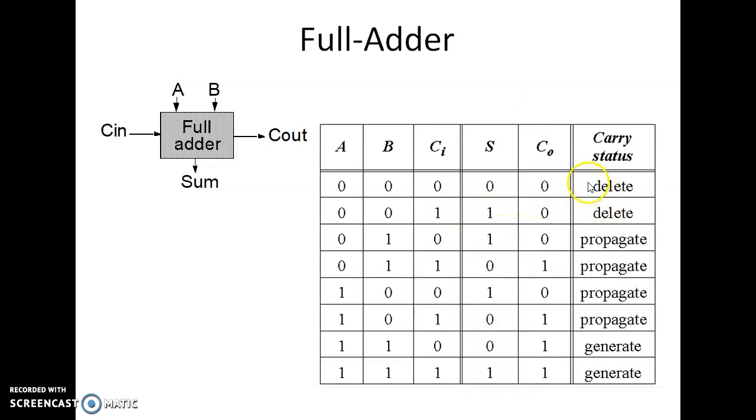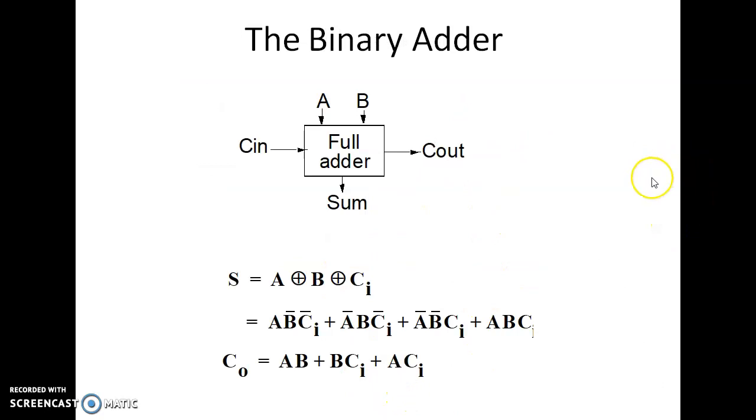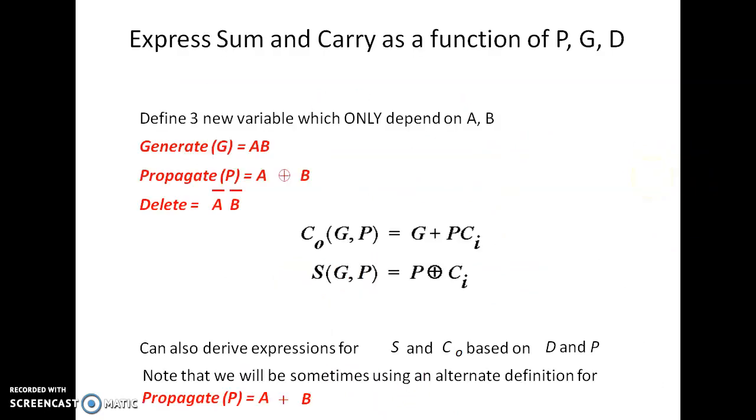And what about these terms, delete, propagate, generate? These terms are given by observing the truth table. By analyzing the truth table, these terms are defined. Delete is nothing but a bar dot b bar, so delete will become 1 when a is 0 and b is 0.